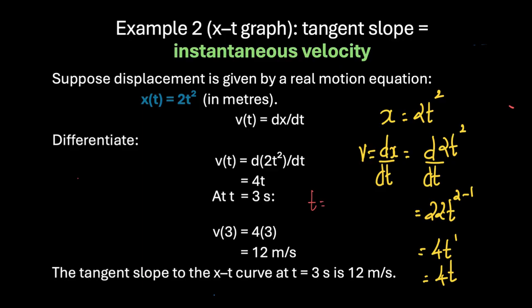And when t is equal to 3, what we get is 4 into 3, which is equal to 12. Now let's visualize the same thing on a graph.